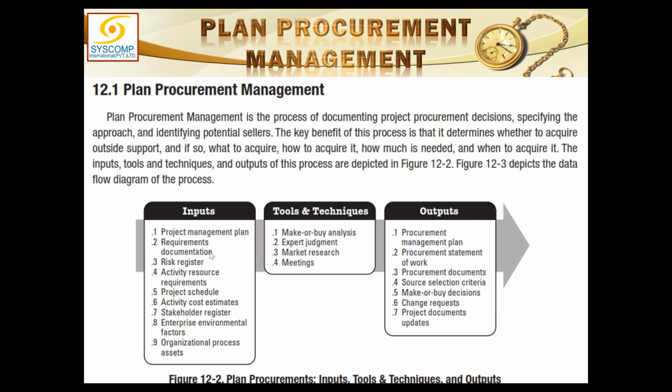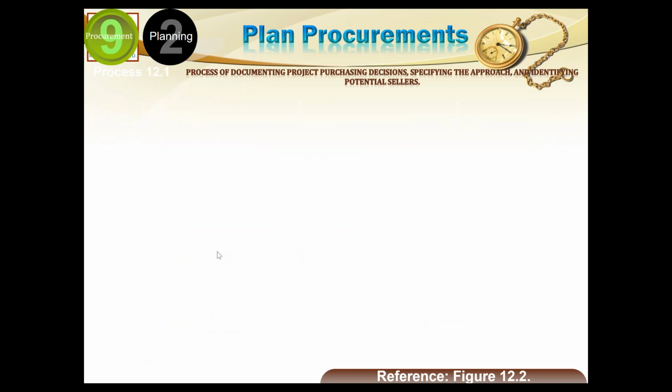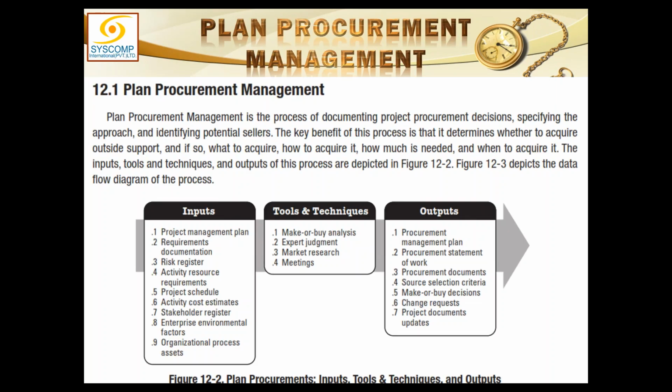Like, we require the requirements documentation here because that specifies what is to be acquired. And now out of the total requirements, the requirements of this subcontract, I am going to get them out and put them in shape of a contract ultimately. Then we also have the risk register, and if any of the risks can impact the procurement process, that would be highlighted here.